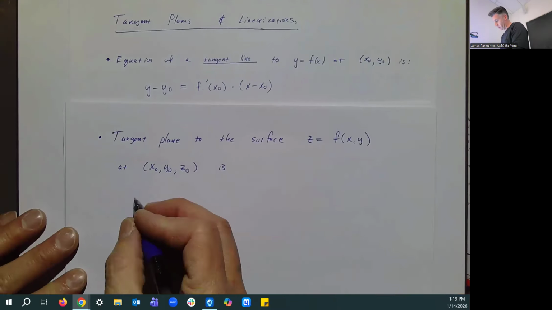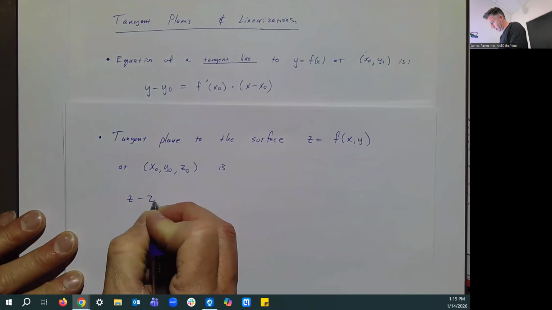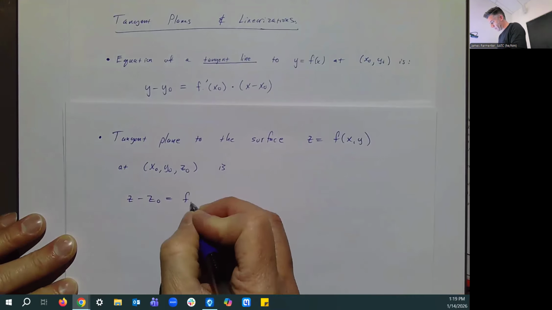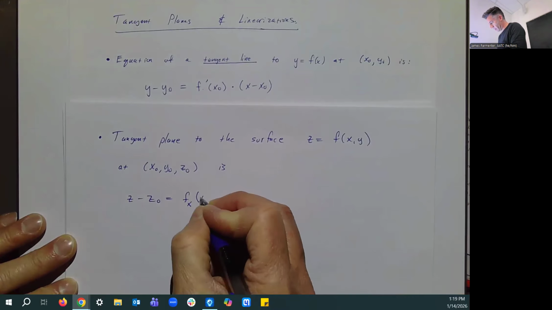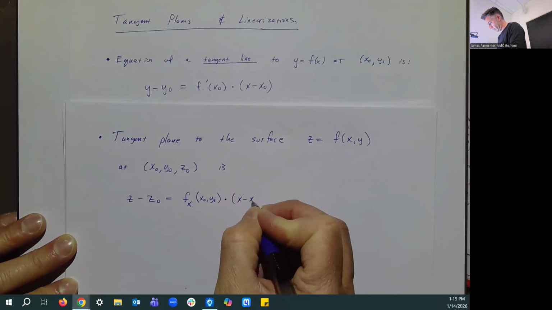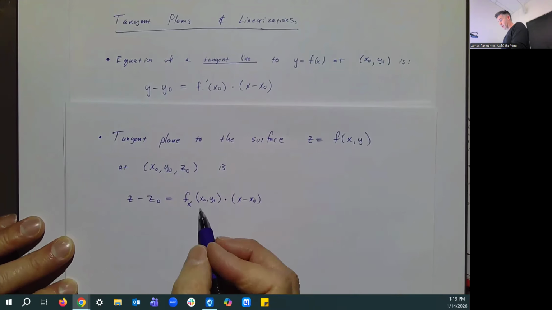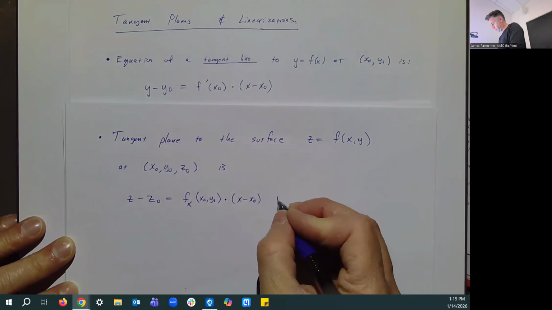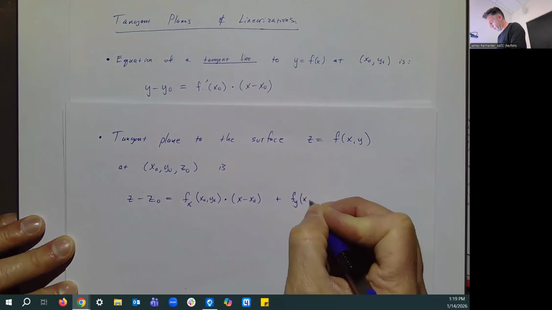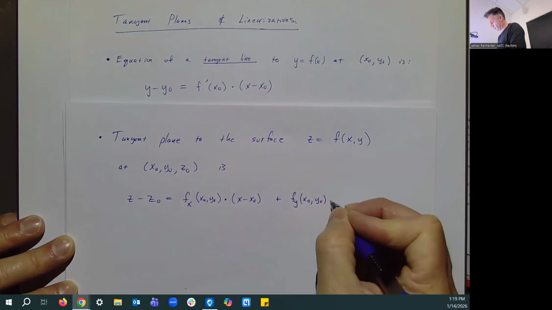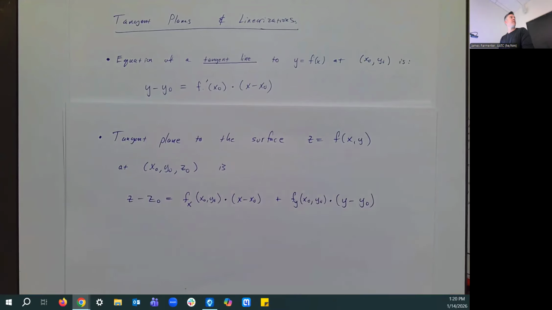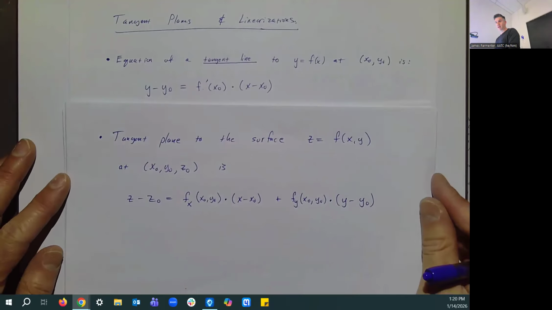The tangent plane equation is going to be z minus z naught equal to the partial derivative with respect to x evaluated at x naught y naught times x minus x naught. So a slope times an x minus x coordinate, plus the other slope, the partial derivative with respect to y, still evaluated at the coordinate x naught y naught, times, I'm sure you're not going to be surprised, y minus the y coordinate. So really, really the same idea, right?